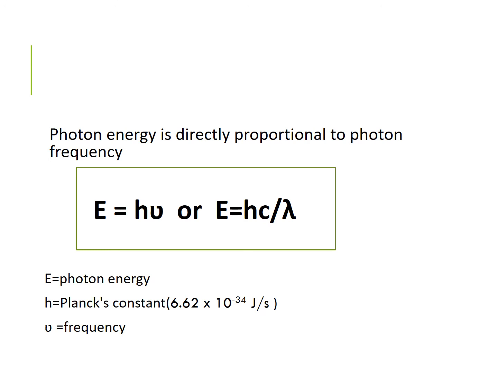Or you can also write energy of the photon equals h into c by lambda. If you remember, in the previous slide I had already told you nu is equal to c by lambda, so in place of nu you can substitute c by lambda. So the equation becomes E is equal to h into c by lambda.